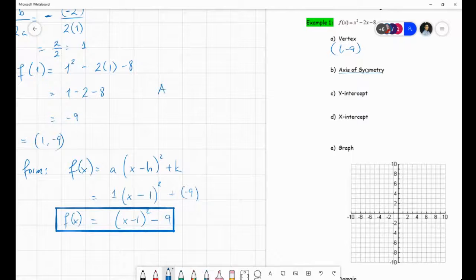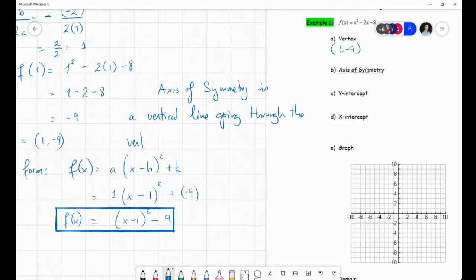So axis of symmetry is a vertical line going through the vertex and has equation x equals h. So what is your h in this example?